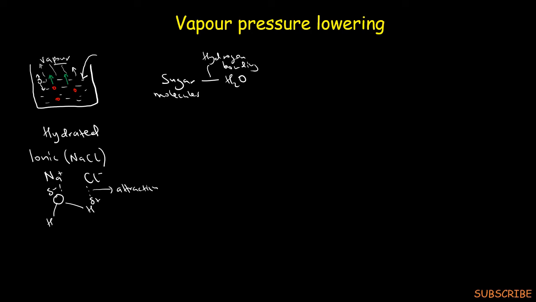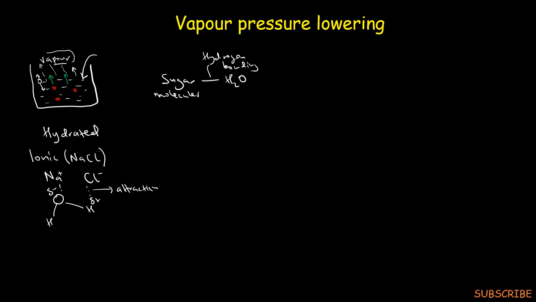Because of the reduction in the vapor that is escaping, we shall say we have obtained a lower vapor pressure because we have fewer water molecules escaping into the atmosphere. So because of that, we tend to have a reduction in vapor pressure.